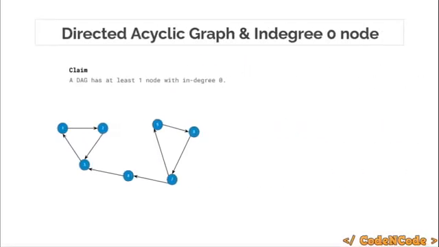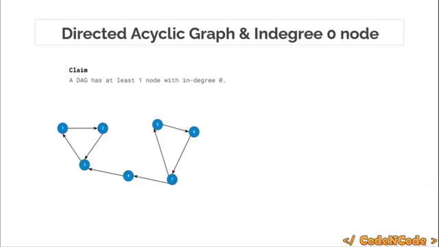Now one important thing, see, in a DAG, that is a directed acyclic graph, there will be at least one node with in degree 0. So if you have a DAG like a condensation graph, or any DAG, then there would be at least one node with in degree 0.